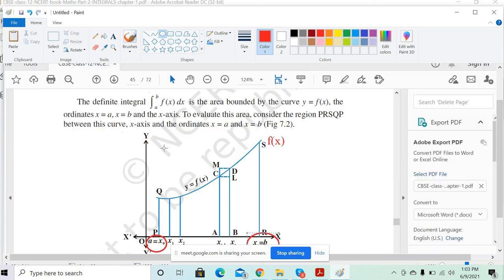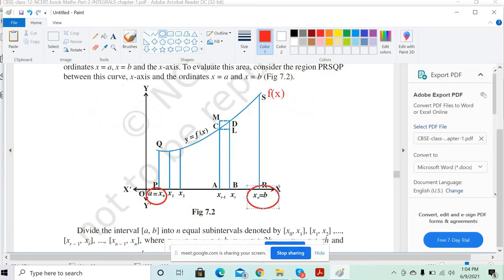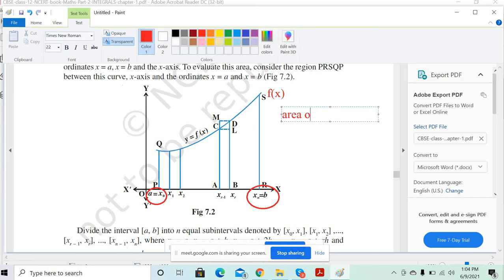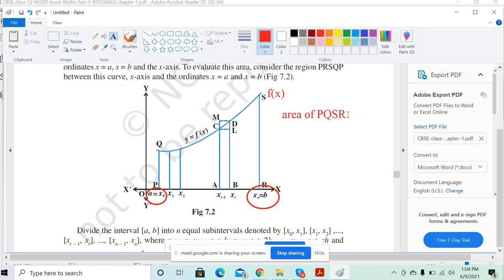So the meaning of the integral from a to b of f of x dx is that you are actually finding the area of PQSR. Is it clear? Yes, sir.